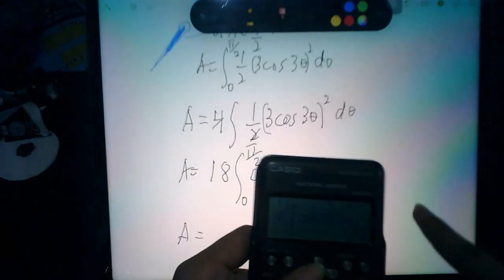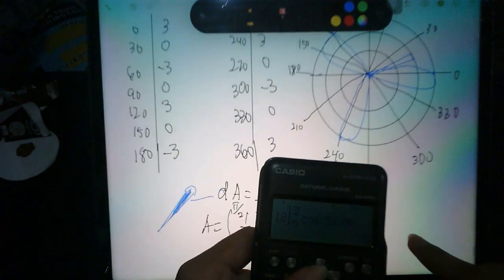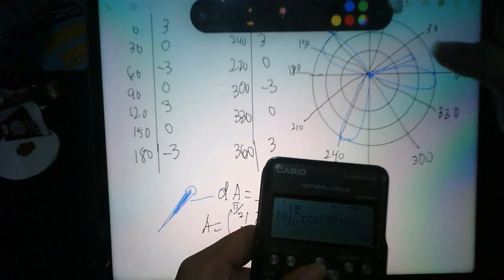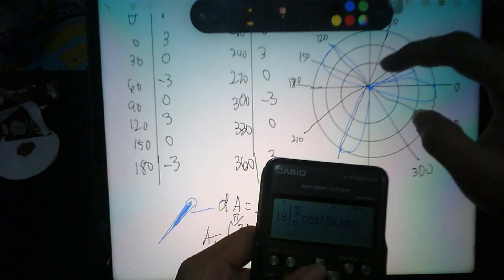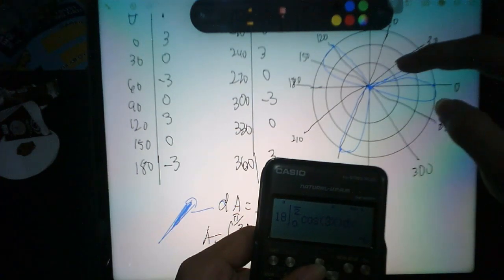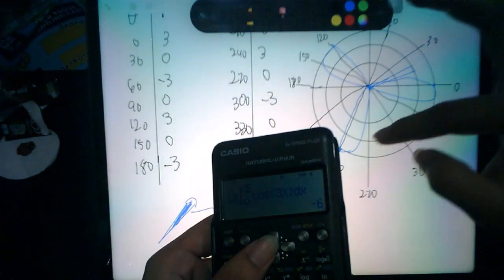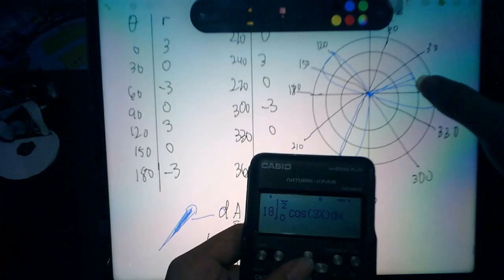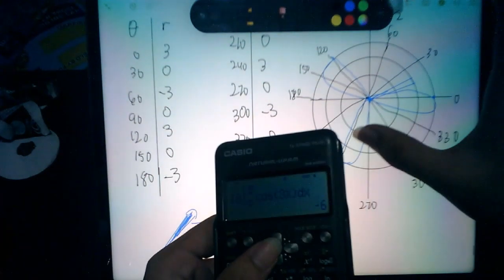Maybe I'm wrong in my graph here. Another graph here.